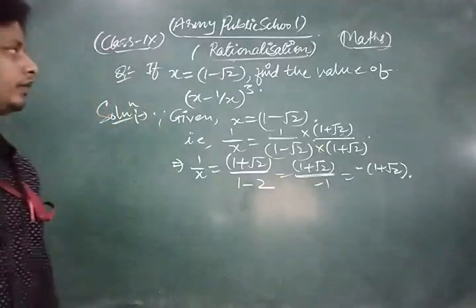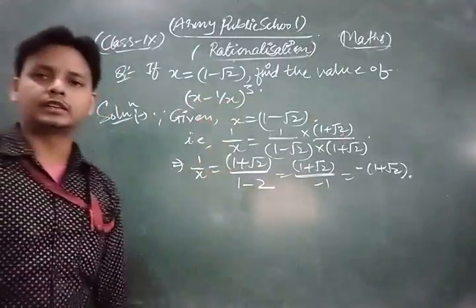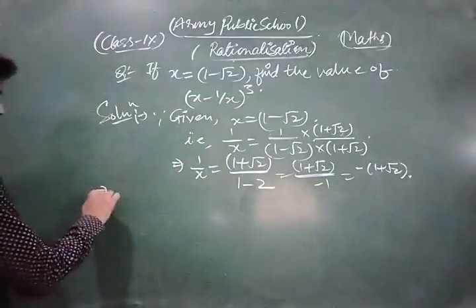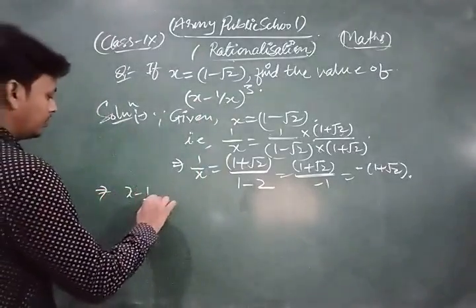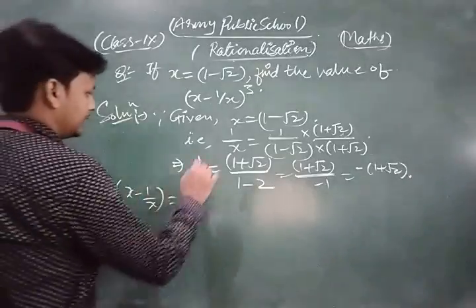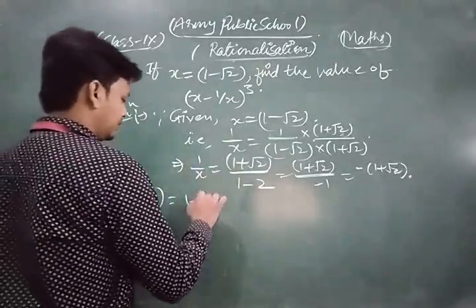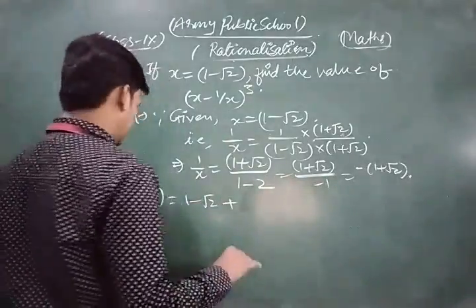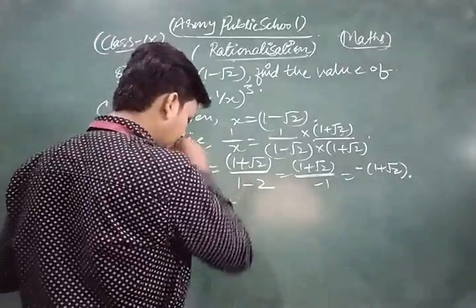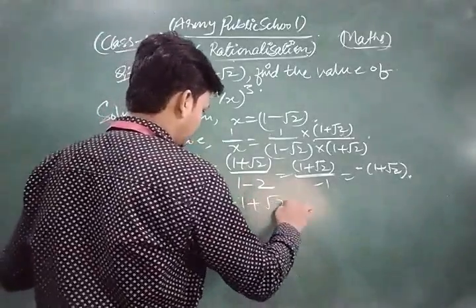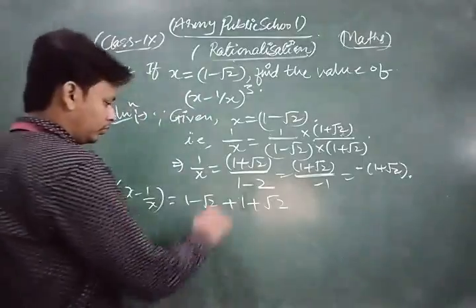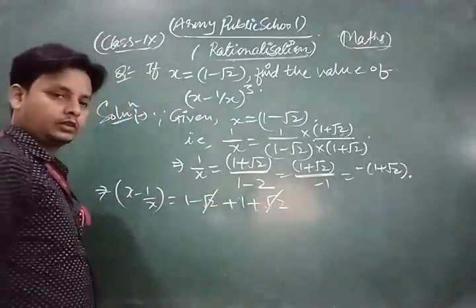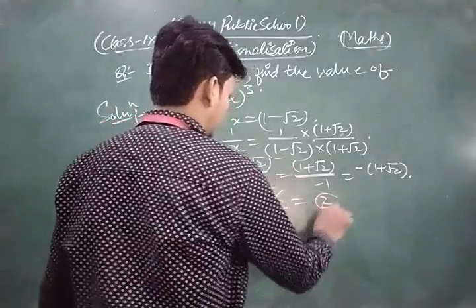Now we find the value of x minus 1 upon x. X is 1 minus under root 2, minus the value of 1 upon x, this is minus minus plus, 1 plus under root 2. Now look, under root 2 cancel to each other. So the value of it is what? 2.